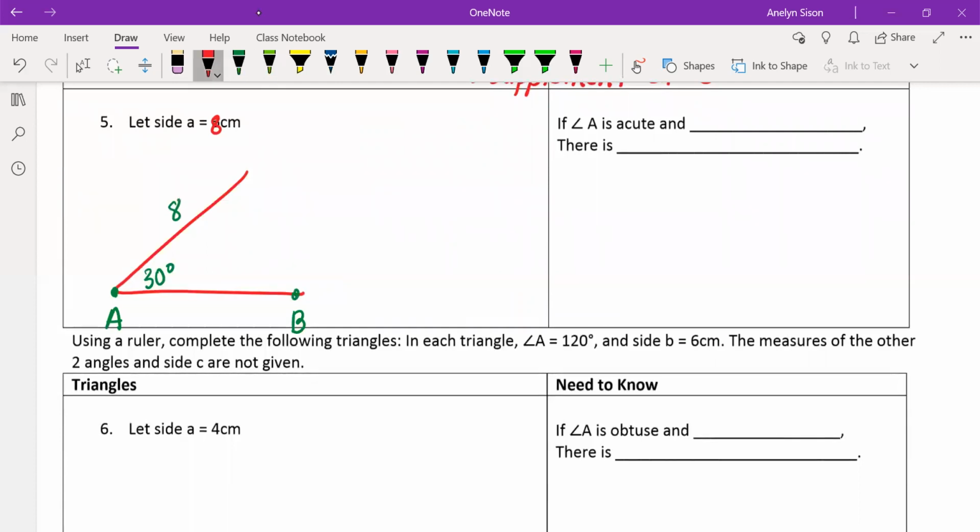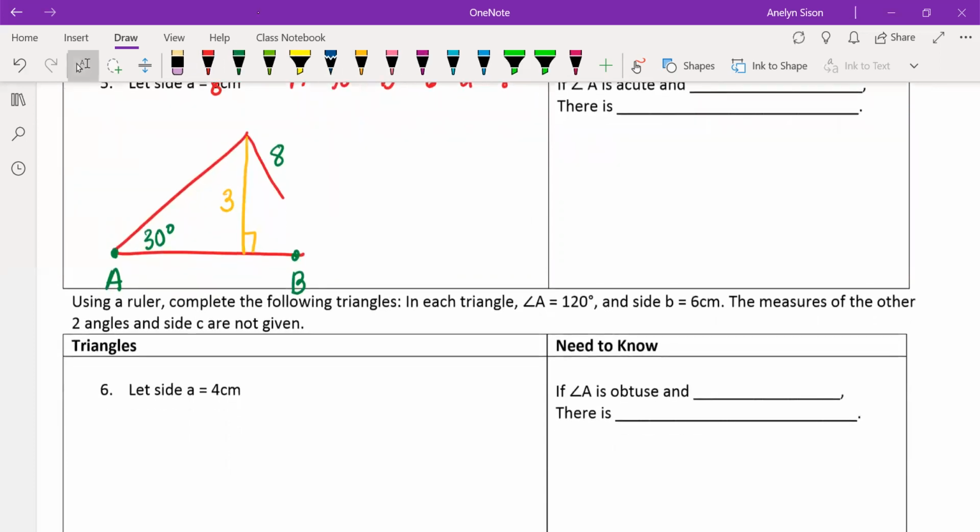Let me write it down. A is 30 degrees, B is still 6, and this time A is 8. And the minimum required side length to make a triangle is 3. That's our height.